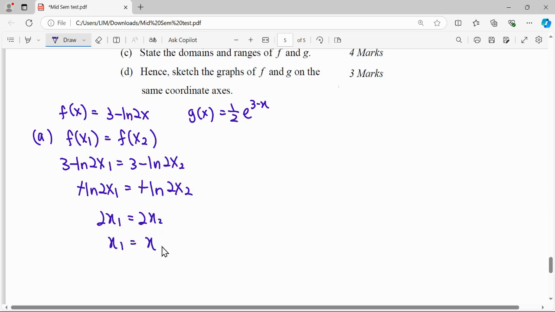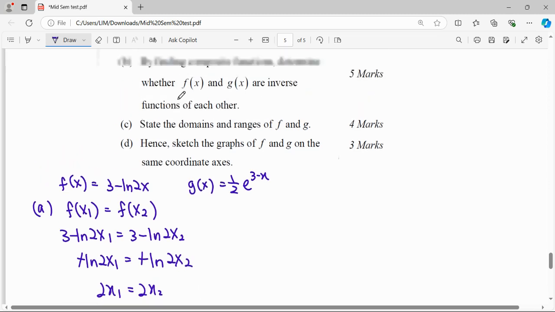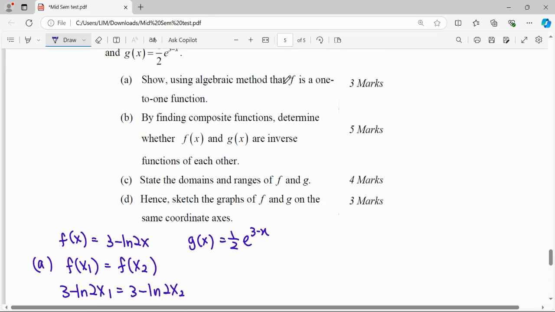We can notice that x1 equals x2, only one answer. Do our conclusion saying f(x) is a one-to-one function. Here it is important that you state your conclusion instead of just writing "shown". So we must have the conclusion in showing a one-to-one function.